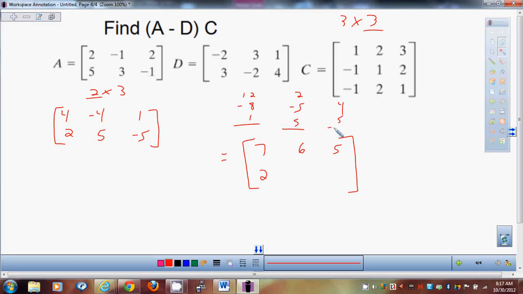Negative 5 times 2 is negative 10. Negative 10 plus 9, negative 1. Last row, last column. 2 times 3 is 6. 5 times 2 is 10. Negative 5 times 1 is negative 5. 16 minus 5 is 11. And that one's done.